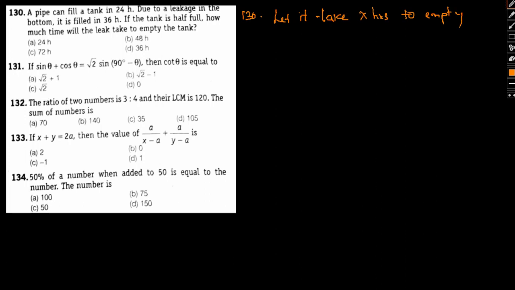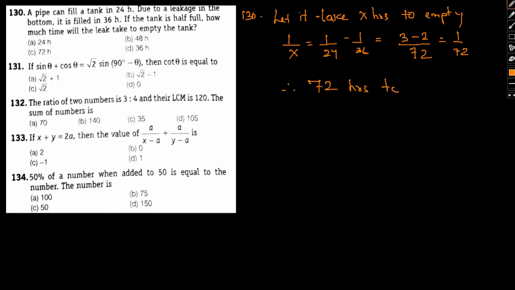So what we have here is 1 by X. So it is full, and due to leakage it would take 1 by 24 minus 1 by 36. 72 will be the LCM. 3 minus 2, that is 1 by 72. So therefore it will take 72 hours to empty the tank.